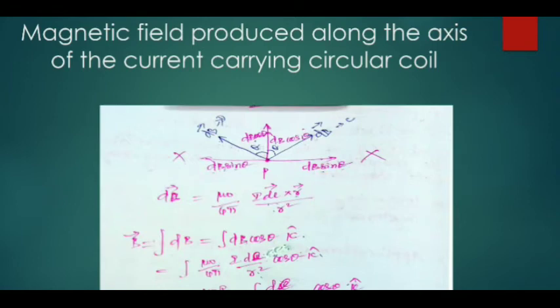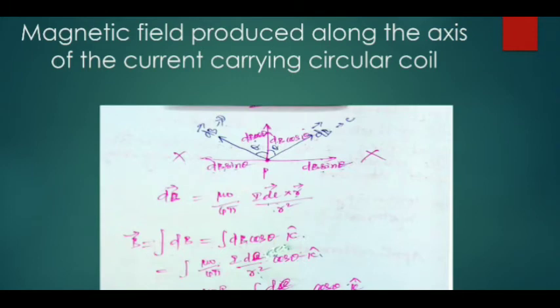Therefore I'm going to integrate B, which is integral dB cos theta into k cap. Substituting the dB value, mu naught divided by 4 pi into I into dl divided by r square into cos theta into k cap.